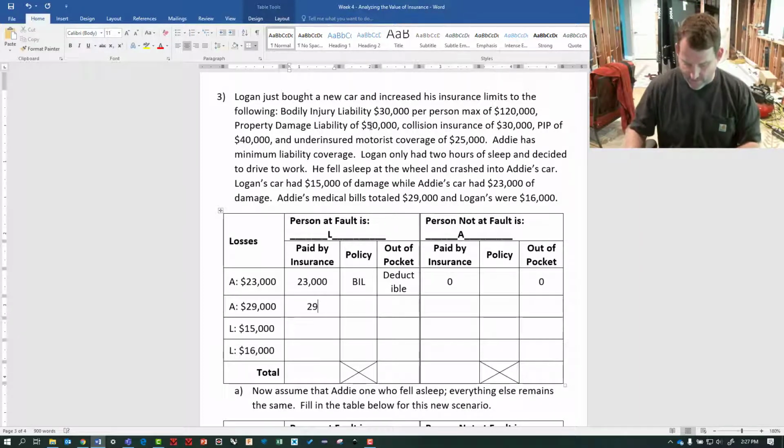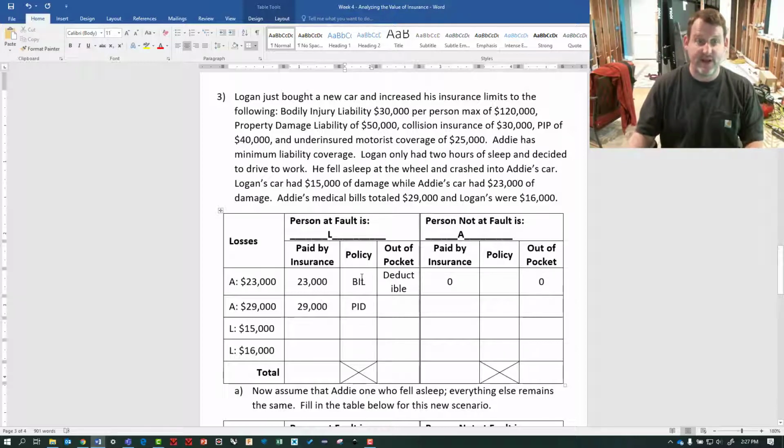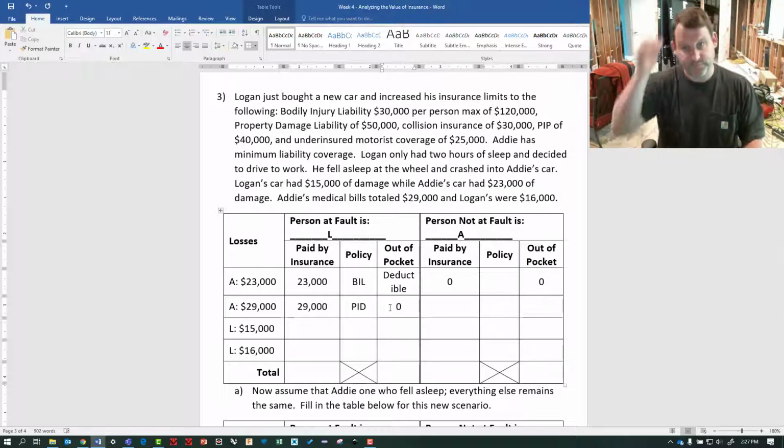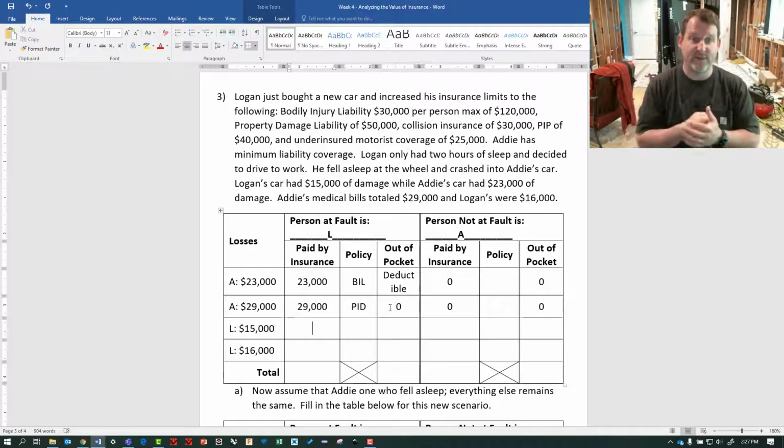In this case, it's going to pay off because his insurance company is going to kick in the full amount for that damage to the vehicle. If not, he would have had $10,000 here and $19,000 he still owed. So his out-of-pocket is $0. And Addie is not going to pay for any of that. It's going to come straight from Logan's insurance.